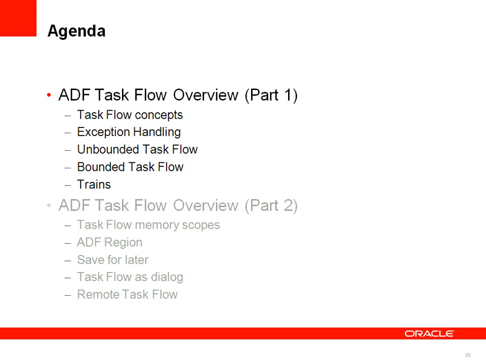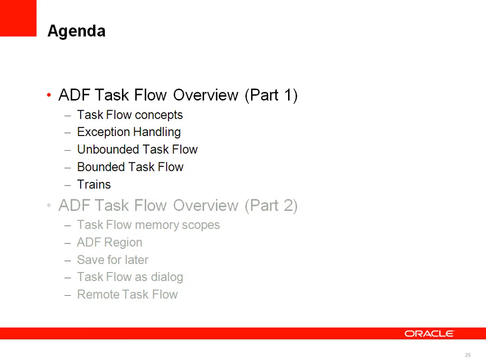And then we talk about how we expose a bounded task flow in a region, what you should know about that. Save for later is the snapshot that we can take not only from the transaction but also from the visual state, so that we can recover to a specific visual state. We talk about exposing a task flow as a dialog.